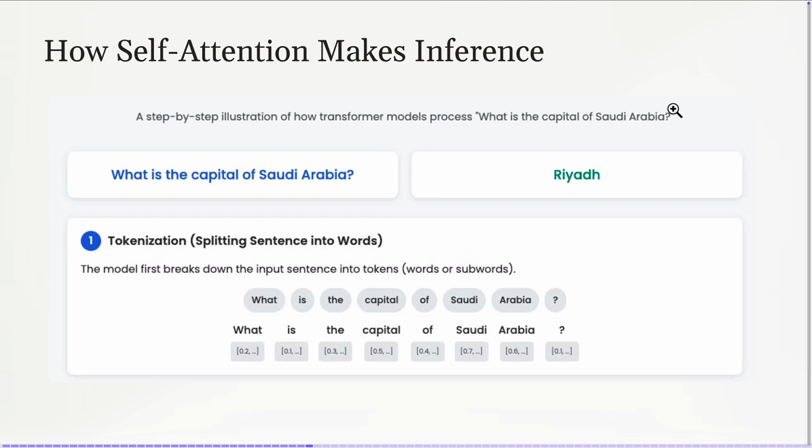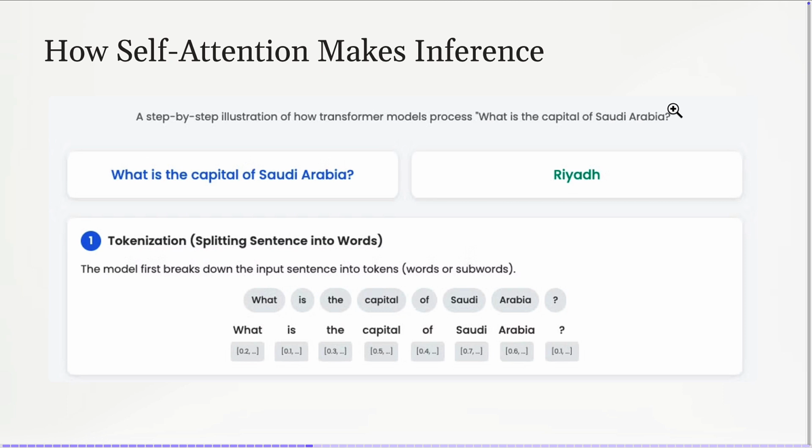So I take a word, I consider this word is the query, and then I will try to calculate the relevance of this word with all other words in the whole value. And we will do that for every word. So I will take it for this one, for this one, for this one, for this one.